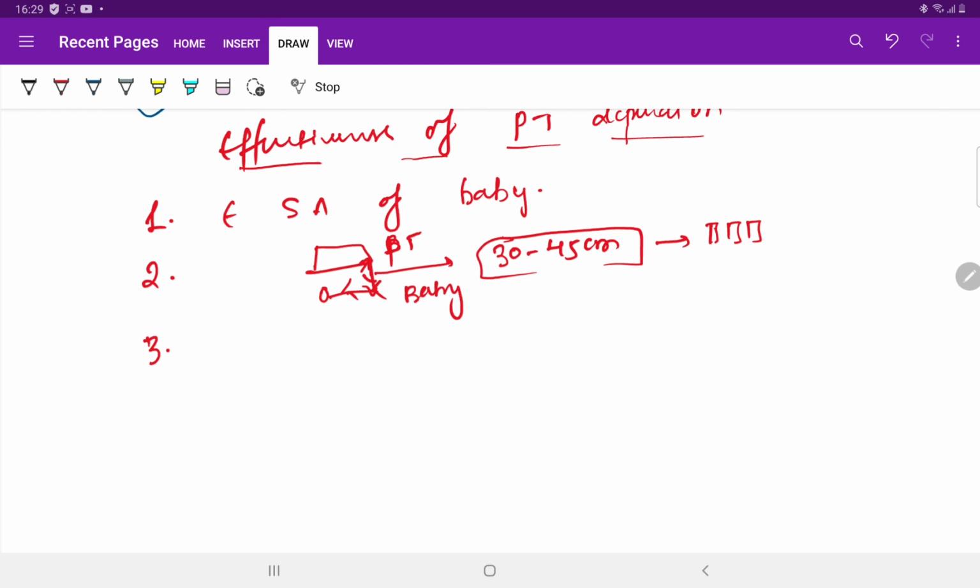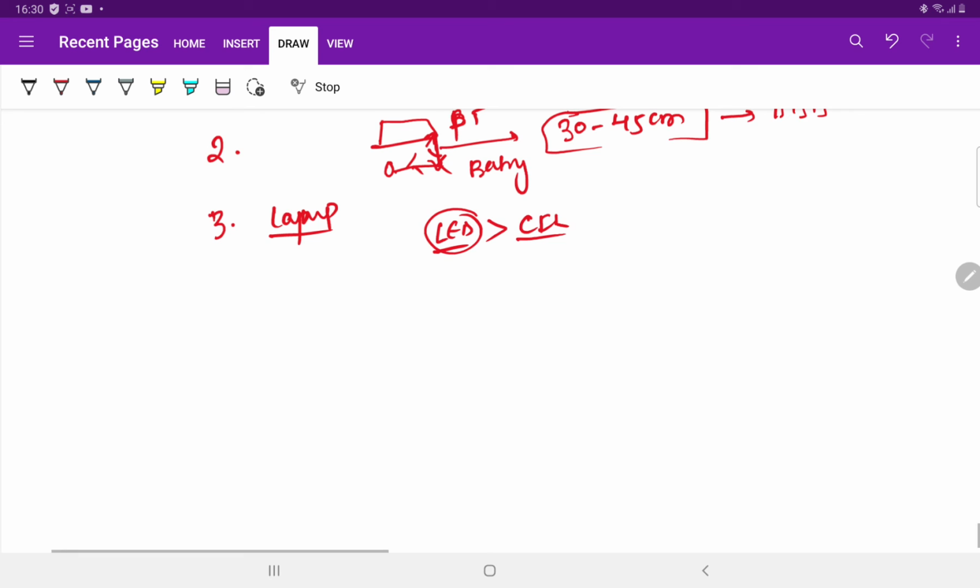And the third one is the type of lamp. Most of the time earlier it was CFL, right? But now LED, we all know that LEDs are better than CFL. What it does not depend on is more important. Like I said, it does not depend on the skin pigment or color of the baby, right?